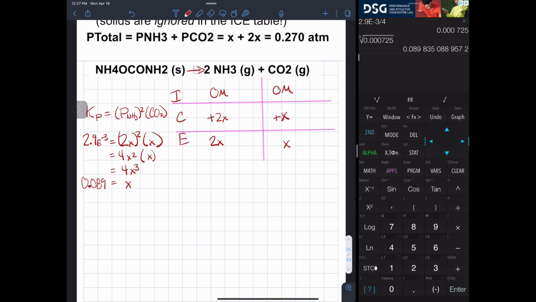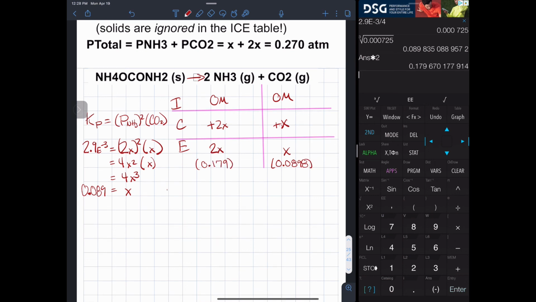Now be careful, again, I don't think we were just solving for x. We have the 2x value. We were asked to find P total.